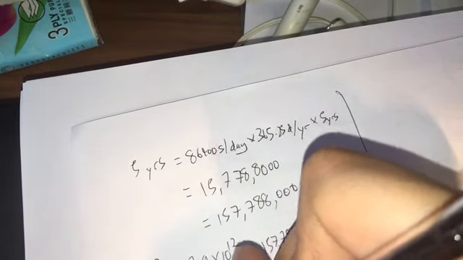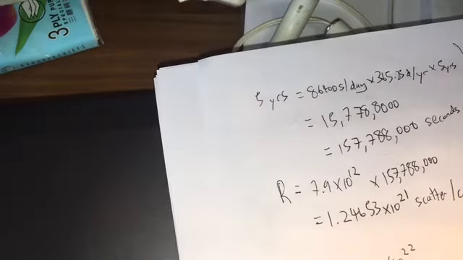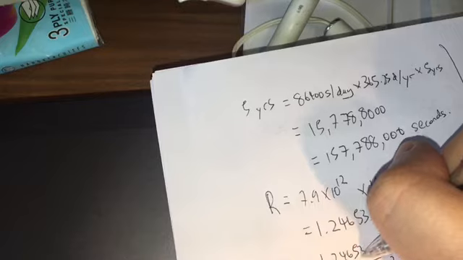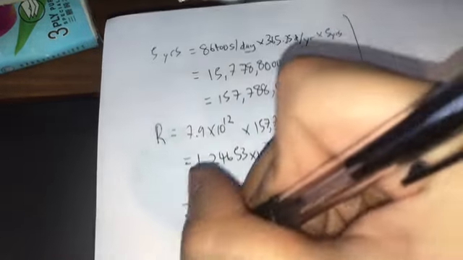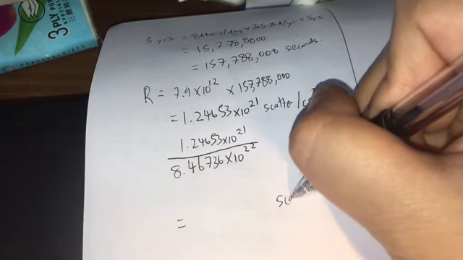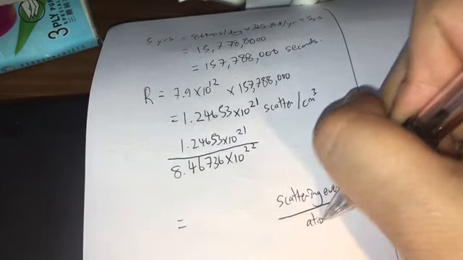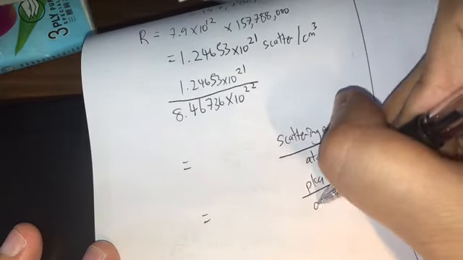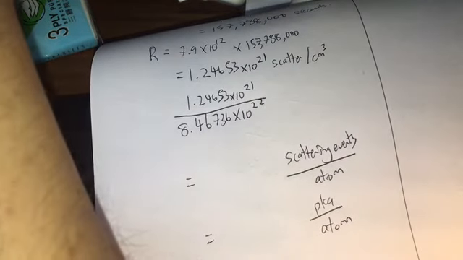Wait, not 8.4376, 8.46736 times 10 to the 22. So you want to talk about per atom basis. That will give you scattering events per atom, or equivalently PKAs per atom. Okay, let's just run that through the calculator.